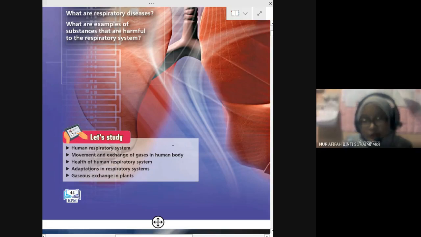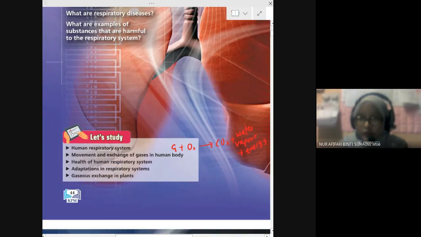So glucose plus oxygen will produce carbon dioxide, water vapor, and energy for you to carry out the daily activities. So we have five, including the energy. Glucose or sugar or food and oxygen produce carbon dioxide, water vapor, and energy.